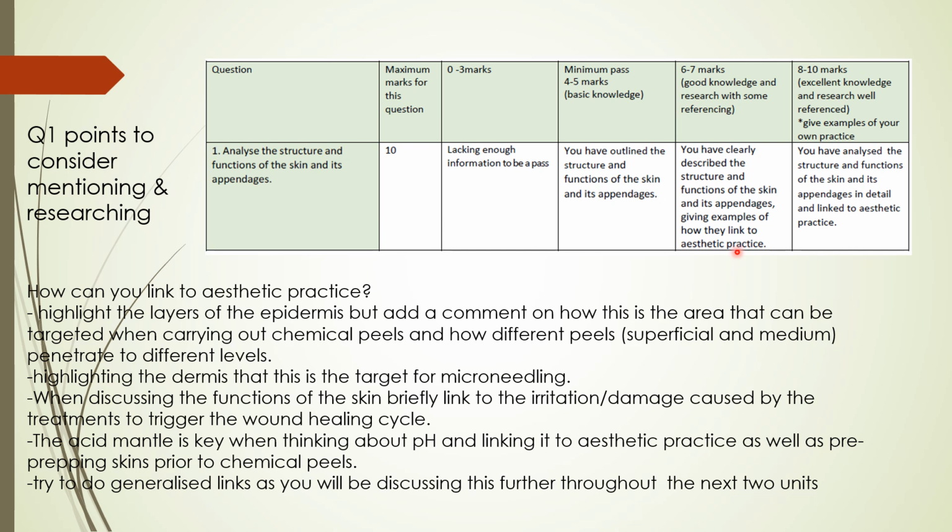You've got your 6 to 7, the middle of the road, and then our higher marks. Within both the middle section and the higher section, you've got to link it to aesthetic practice. So how can I link it to aesthetic practice?